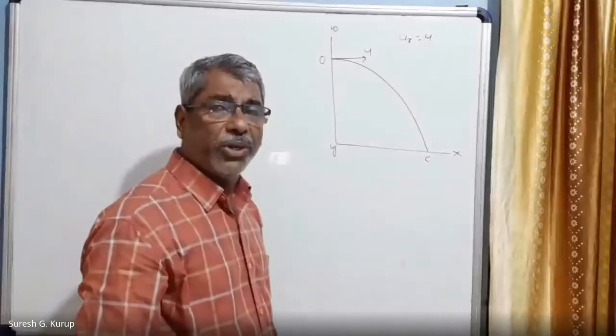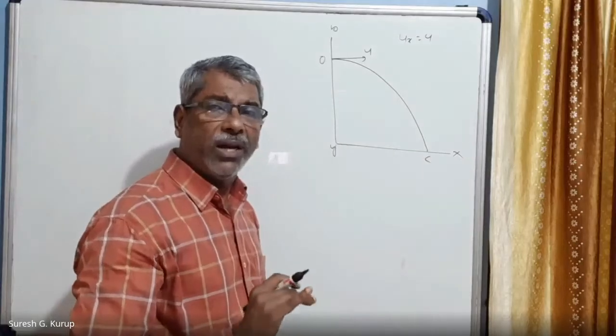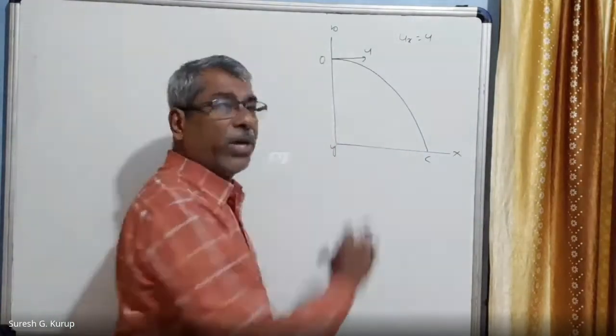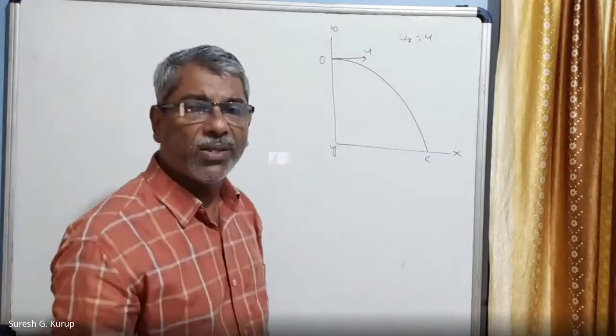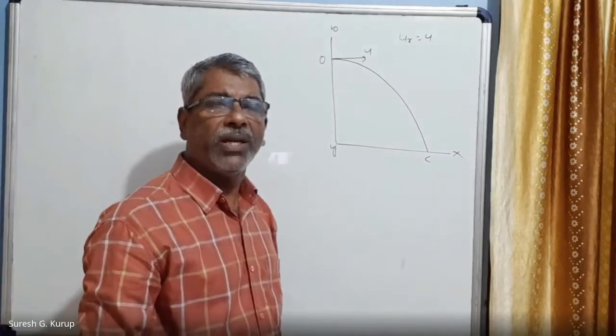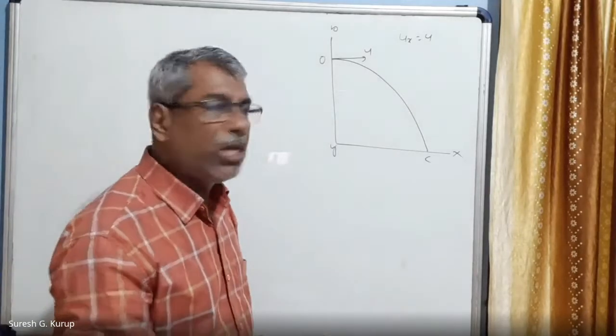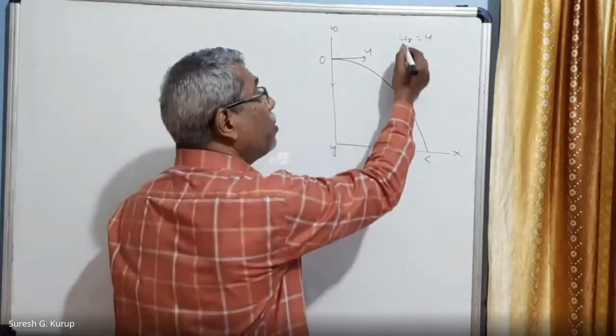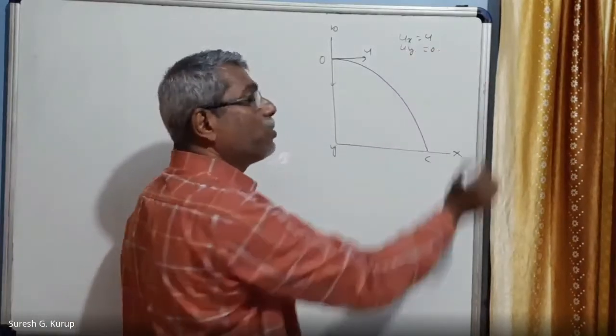What is ux? It is the initial velocity in the x-axis or horizontal direction. That is equal to u because the body has been given a horizontal velocity. Therefore, ux is equal to u. The initial velocity in the y-axis direction is 0, that is, uy is equal to 0.